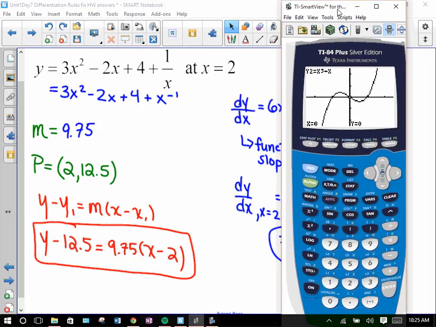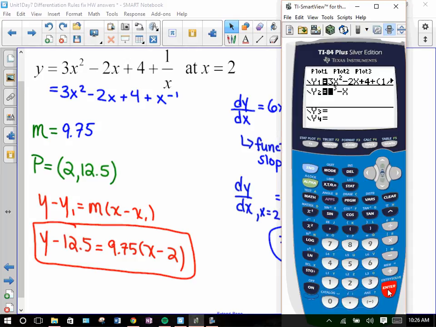So y equals 3x squared minus 2x plus 4 plus 1 over x. Enter.